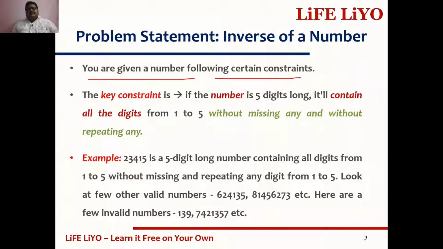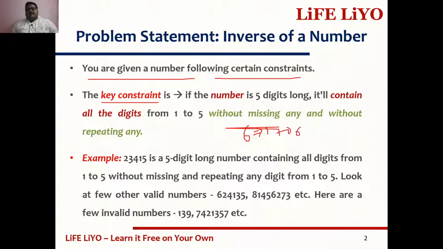The primary constraint is, if you take any number, it may be a 4 digit, 5 digit or 6 digit number. If it is a 6 digit number, then it should consist of the digits 1 to 6.